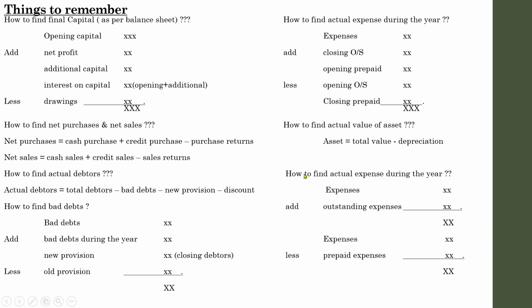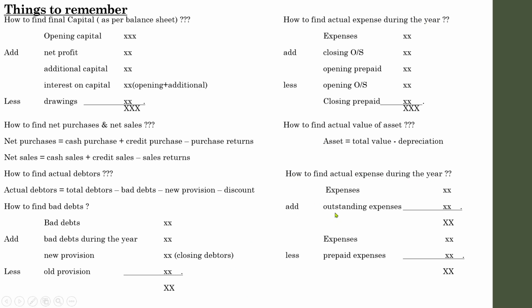And finally, how to find actual expenses during the year. You may find it confusing that here you have written how to find actual expenses during the year, and here also how to find actual expenses during the year.